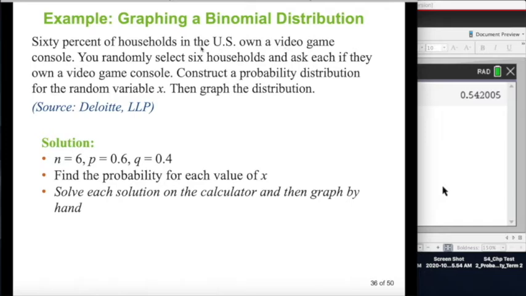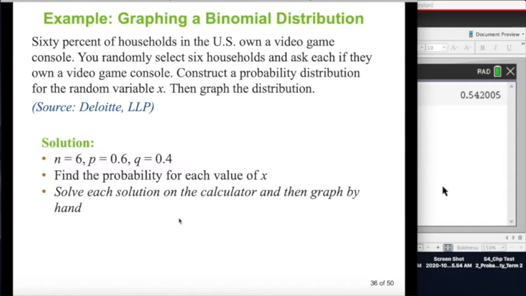So this is our random variable, the number of households in the US that own a video game console. Therefore, the probability of failure, q, is equal to 0.4.